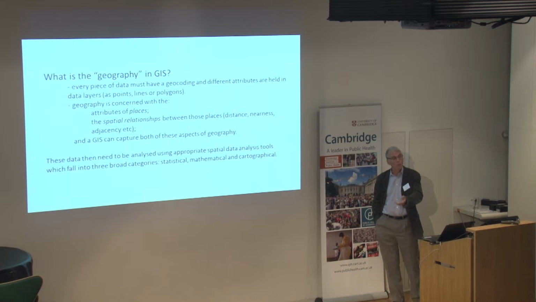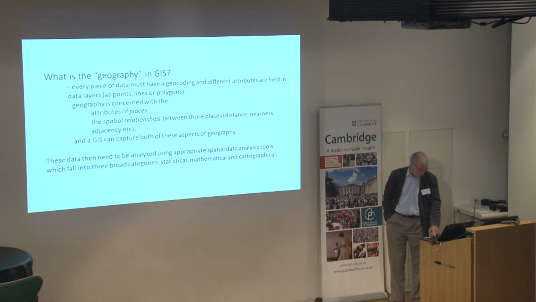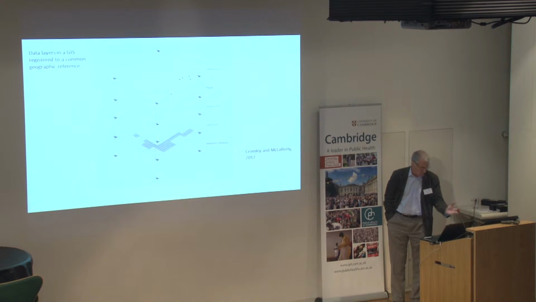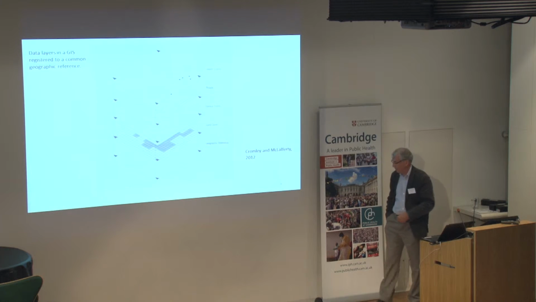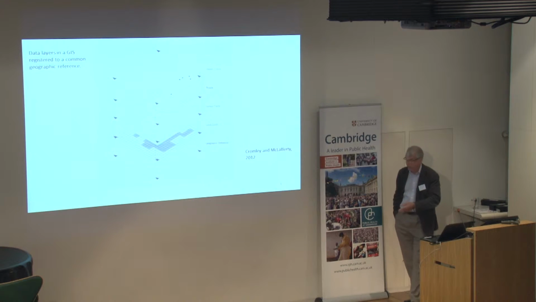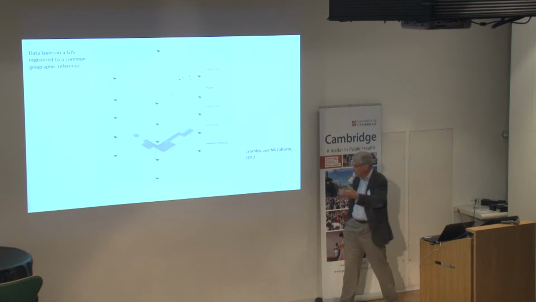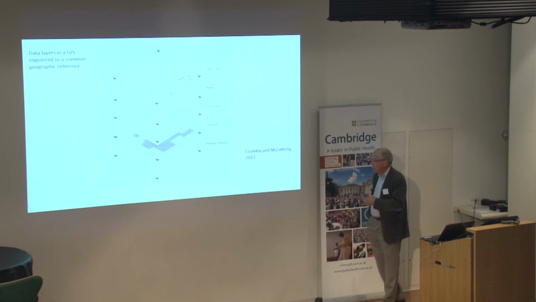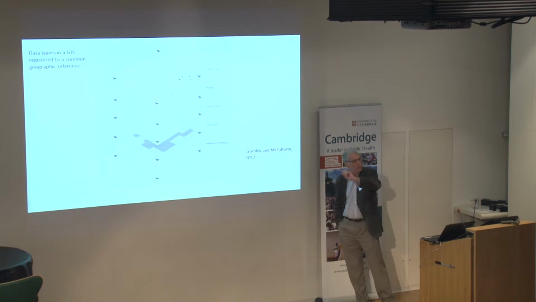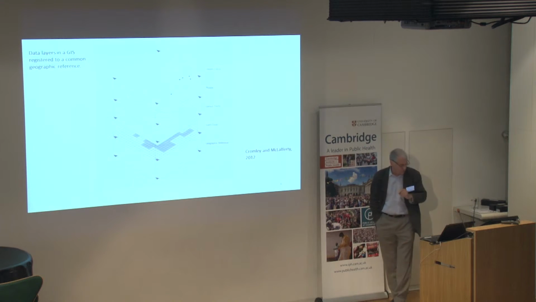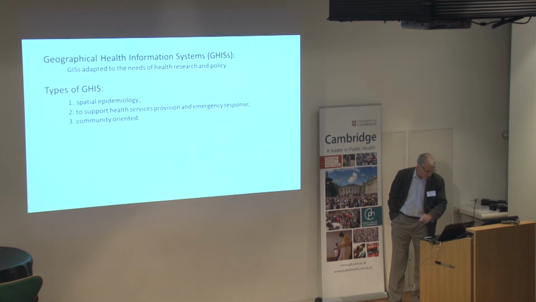And I'm going to show you examples of all of those as I now proceed with that background. That's just a map showing you in a very schematic way the different layers in which the data that one stores within the GIS might be stored, so that each of those layers can be switched on, switched off as one explores the relationships between those data.